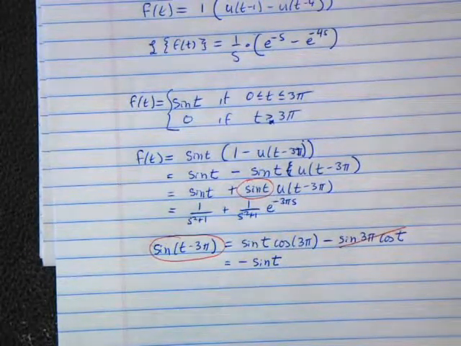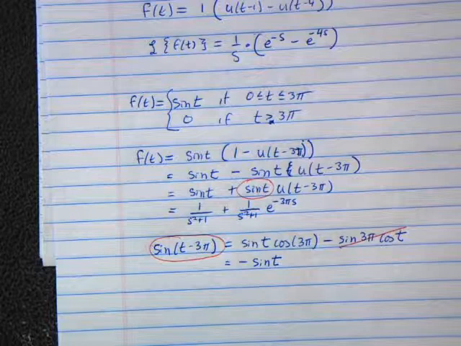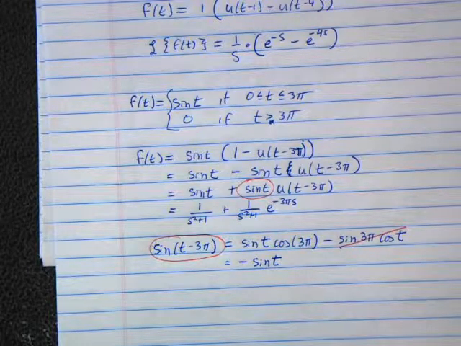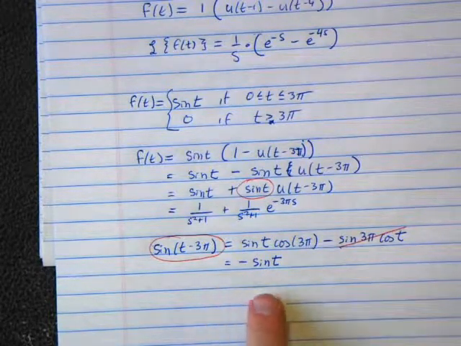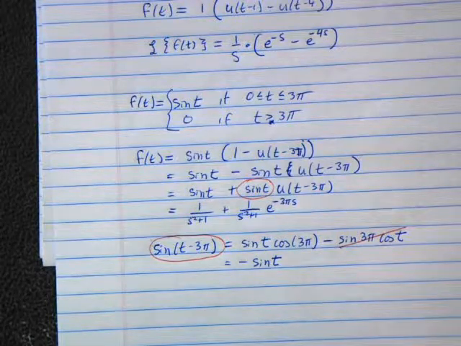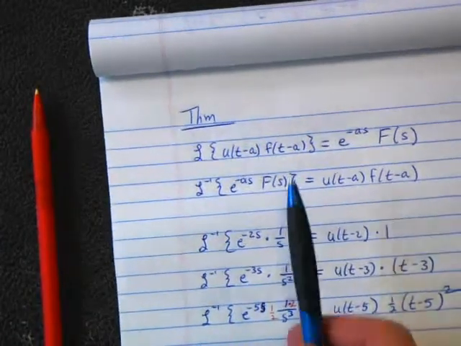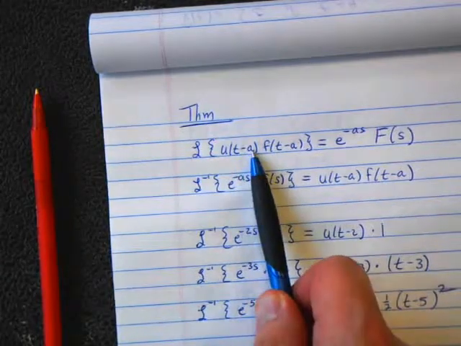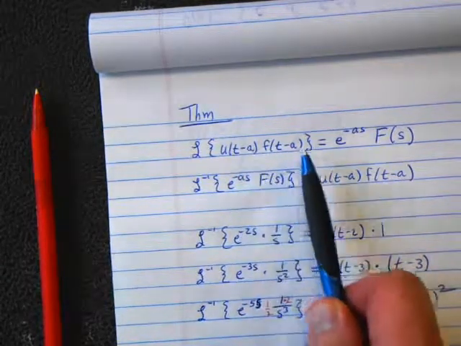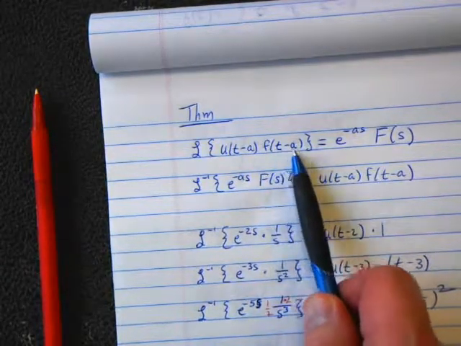So we would just get 3 e to the negative 3 pi s. I don't get where sine of t minus 3 pi comes from. In order to use our theorem about Laplace transforms, if you have a t minus a with your u, your function has to have a t minus a.